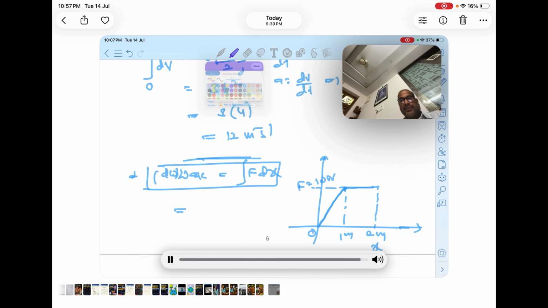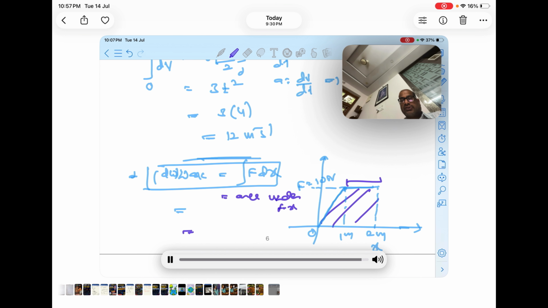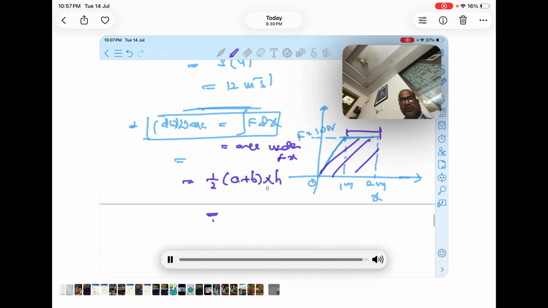So integration of F dx is the area under the F-x graph. Area under which graph? F-x graph. This is a trapezium, this is one parallel side, this is another parallel side. So the formula is half into (a plus b) into h. So half into (2 minus 1 is 1 plus the other parallel side 2) into h, which is 10.